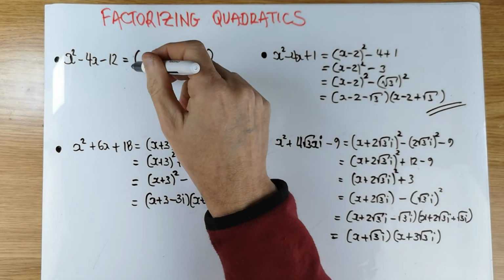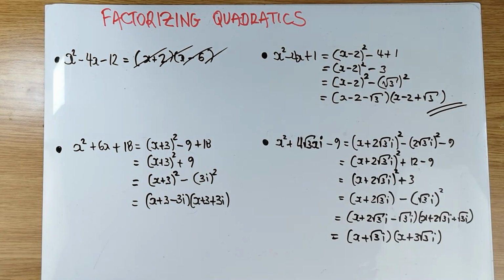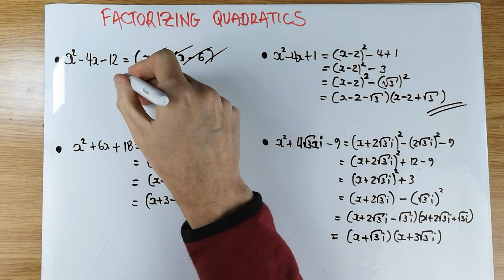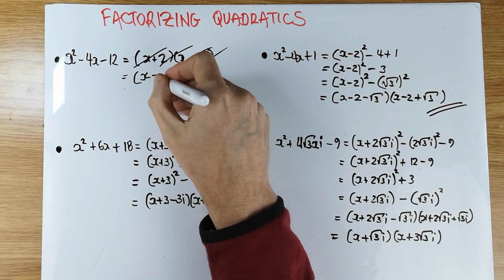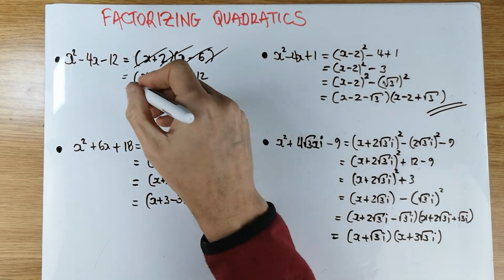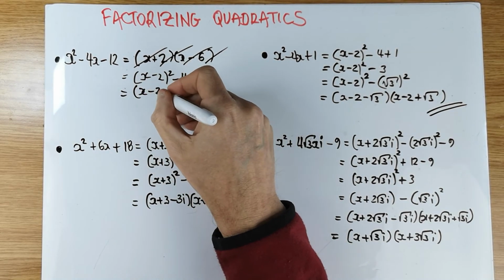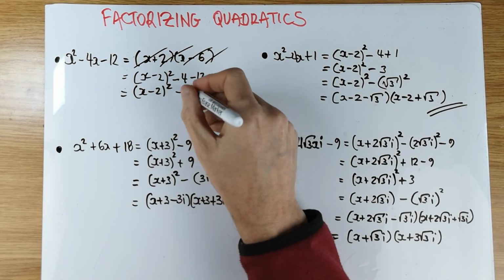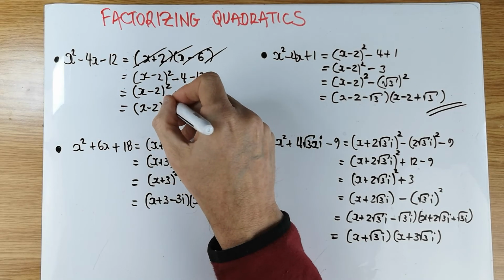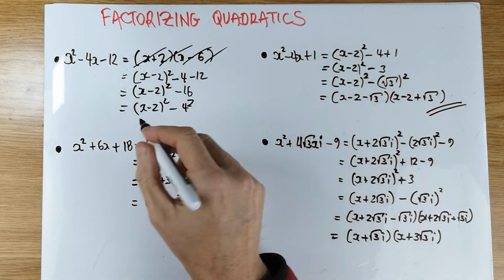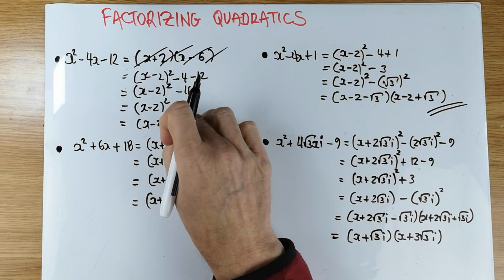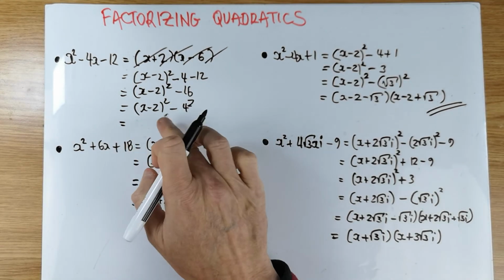And just returning back to that, of course, for something like that, we'll put it straight into brackets. It does factorize by inspection, but can we do the same thing for this particular one? Of course we can. We can actually complete the square, x minus 2 all squared, minus a 4, minus a 12, which will now give us x minus 2 all squared, minus a 16, which of course is a difference of squares, and that's a minus 4 squared, which will give us x minus 2, oops, going absent-minded right at the end of this video, I do apologize.